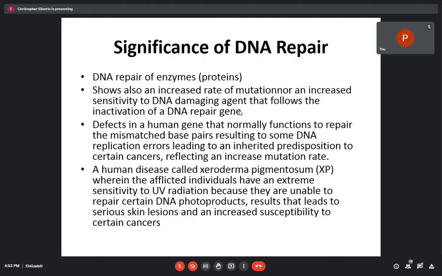If there is no DNA repair, there will be defects in human genes that normally function to repair the mismatched base pairs, resulting in some DNA replication errors, leading to an inherited predisposition to certain cancers, which reflects an increase in mutation rate.